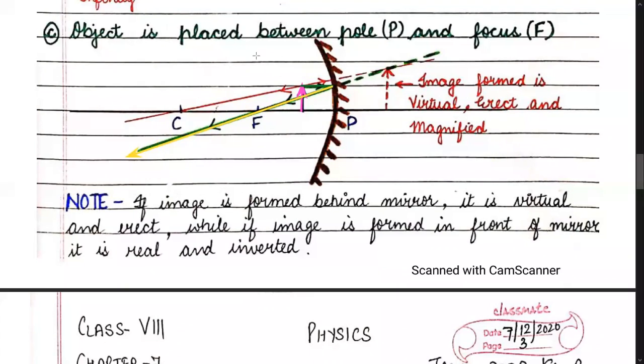While the second ray is the ray passing from center of curvature. So if the ray is passing from center of curvature, then it strikes the mirror and gets reflected in the same path.